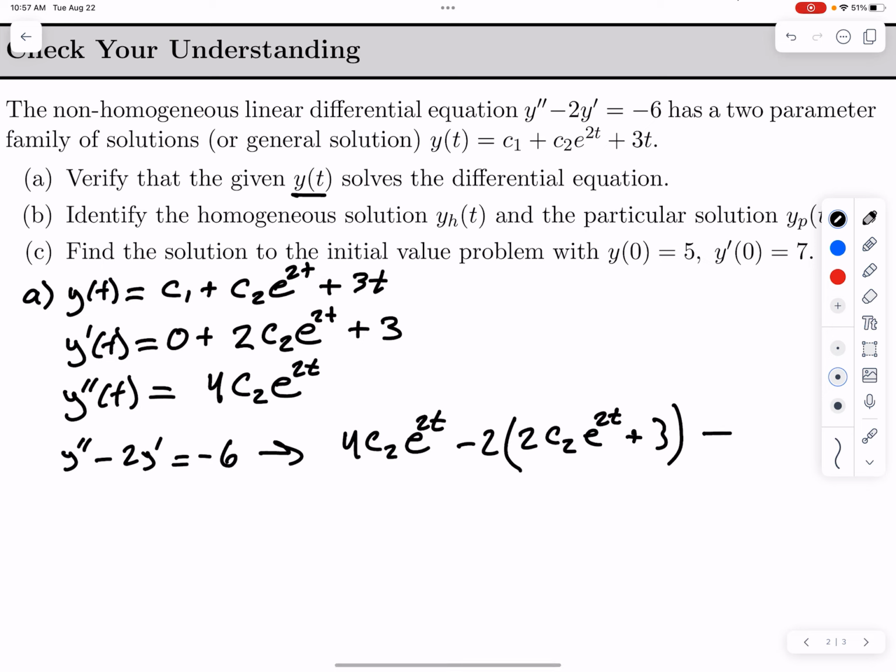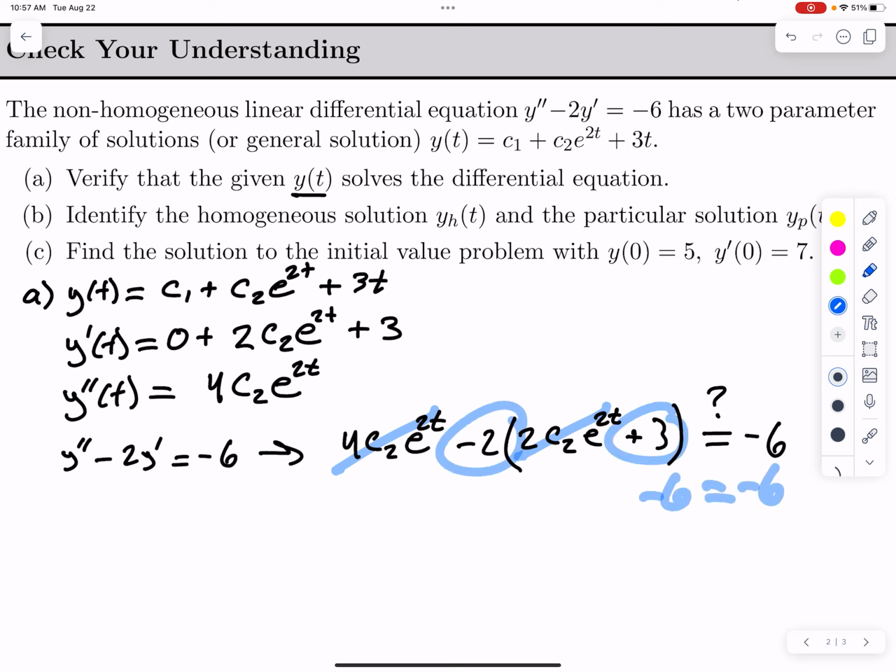And that should equal -6 if the differential equation works out. And I believe that is the case because this will cancel with that. 4 minus 4 is 0. And then -2 times 3 is -6. And -6 is equal to -6. So yes, it is a solution.